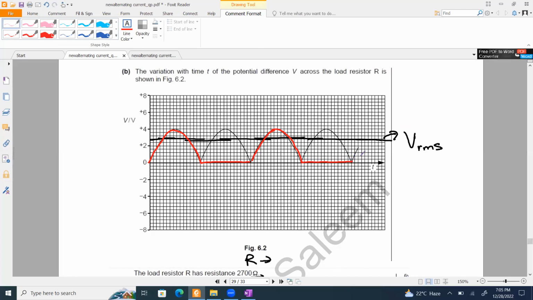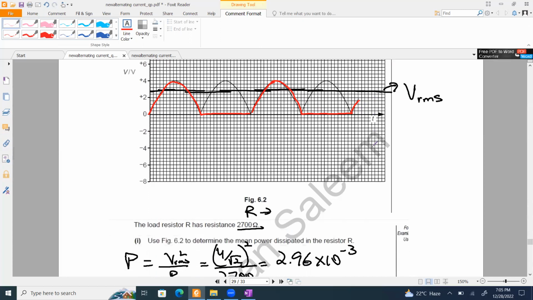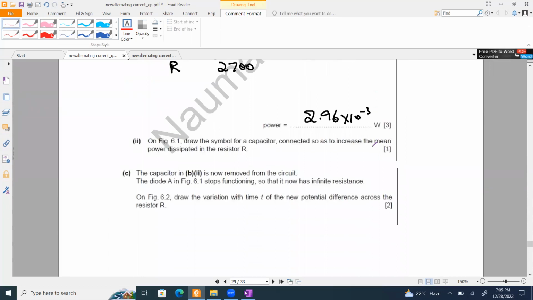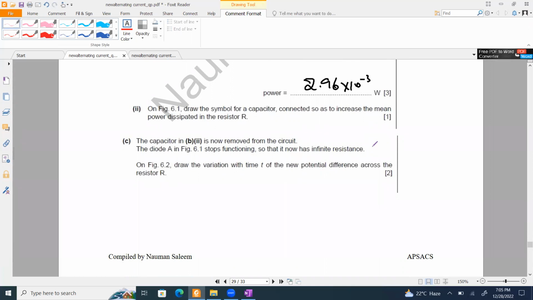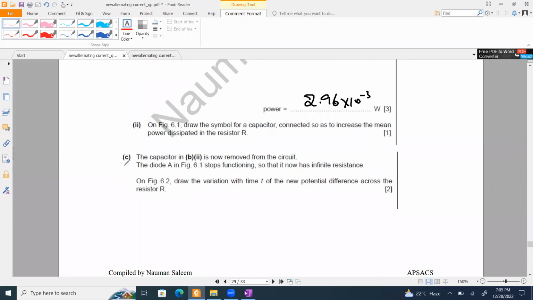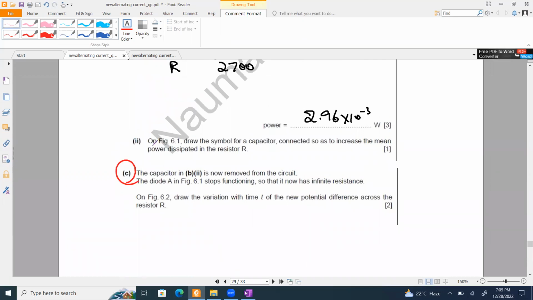Okay, so this is how you are going to show the pulses if the diode A stops functioning. So this is how we do the last part, part C, and I hope you understand that, right?